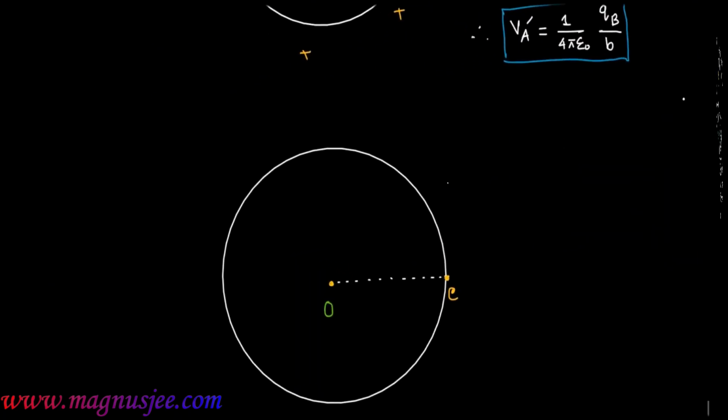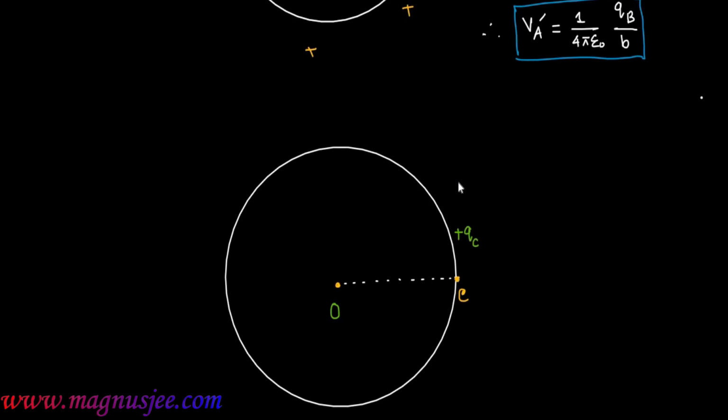Now plus QC is the positive charge which is uniformly distributed over the surface of the metallic shell C, and we consider a point A inside this metallic shell C, and we have to find potential at A due to the charge QC which exists on the surface of the shell.